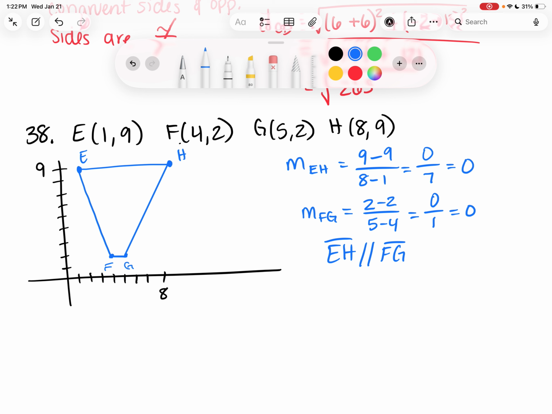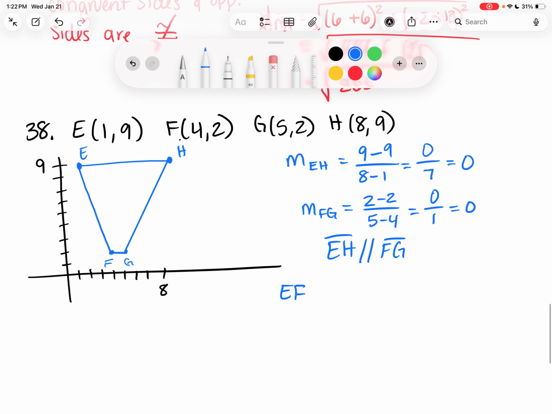Now, to prove that it's a trapezoid, I would need to then show that EF and HG don't have the same slope. So the slope of EF is going to be 2 minus 9 over 4 minus 1.